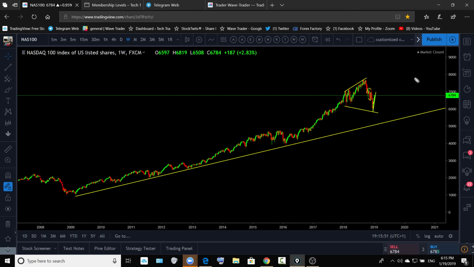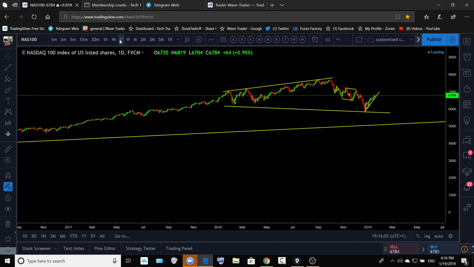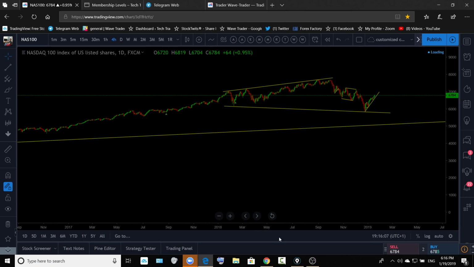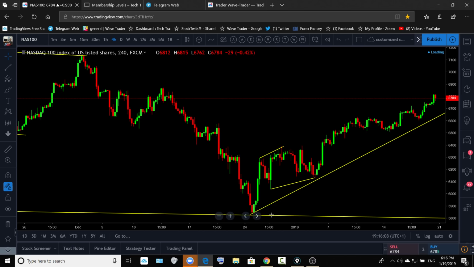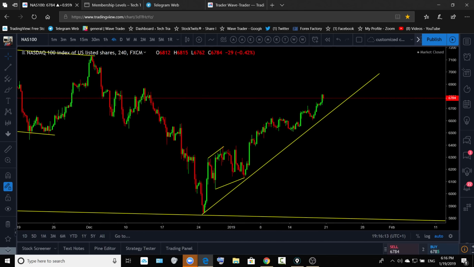All right, so far you are looking for this move, the US equity market to continue to go higher. On the lower time frame, these corrections to form and continue to go higher.